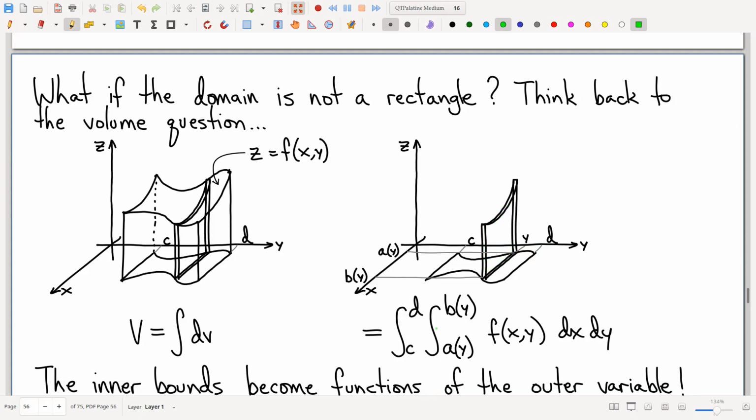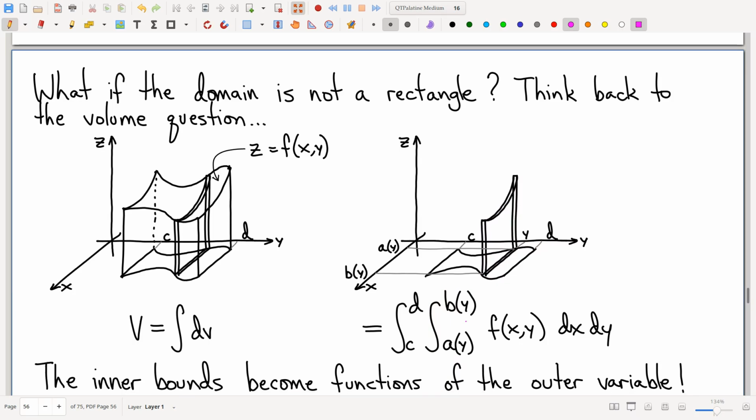And those cross-sectional areas are still the area under a curve, right? I'm still looking for the area under a curve. The area under a curve is still computed by an integral. Oh my gosh, everything's pretty much the same. There is one little thing that's importantly different.